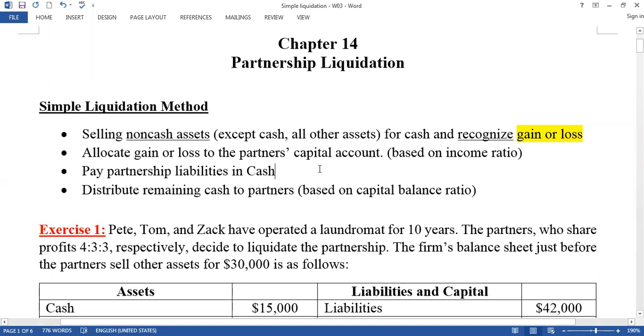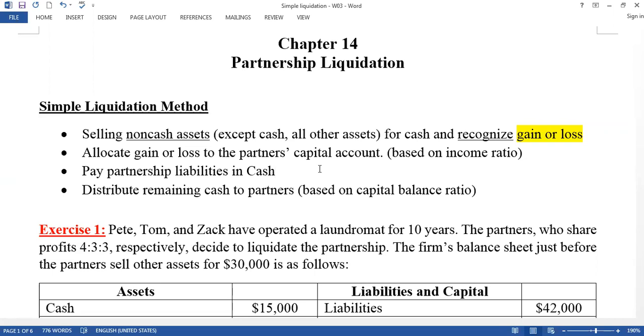If we have any gain, it is our gain. If we have any loss, it is our loss. And we know from chapter 13 that in the partnership business, all gain or loss, profit or loss, we adjust with our capital account. If we have a gain, our capital will increase. If we have a loss, our capital will decrease, right?